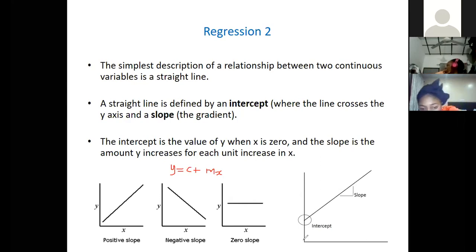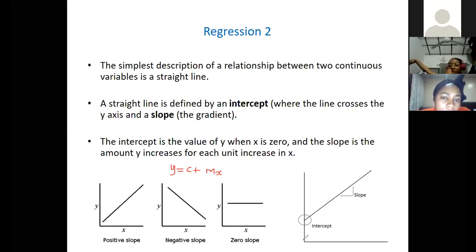So the c, the intercept, is the constant, and the m is the slope, which is the change in y divided by the change in x, per unit change in x. So if it's, let's say, 2, what it's telling you is that whenever x changes by 1, y will change by 2.